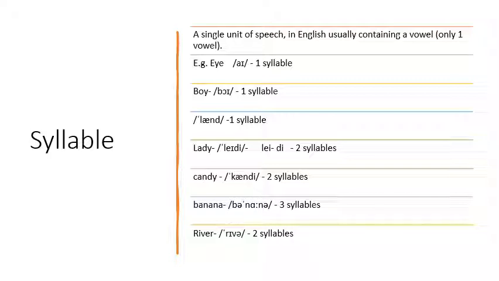Lady. Candy. There are 2 syllables, 2 vowels. Banana. There are 3 vowels and there are 3 syllables. River. There are 2 syllables.